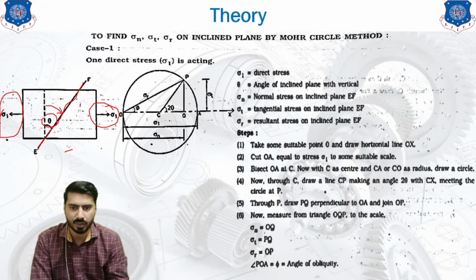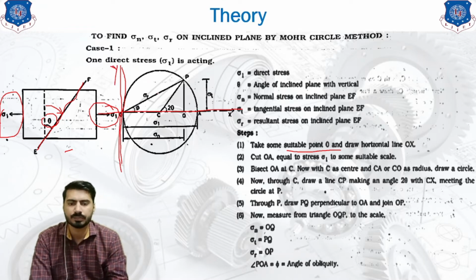So first we have to go for a suitable point O, or let's say we are taking two axes, this red vertical axis and this horizontal axis. So OX is our horizontal axis, and let's say this OY is our vertical reference axis.